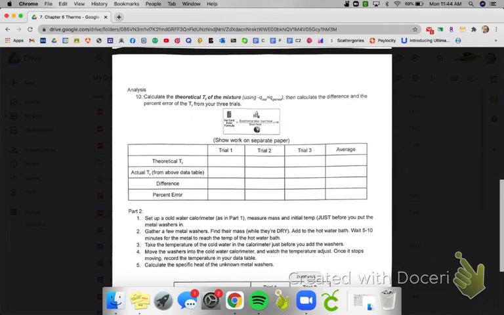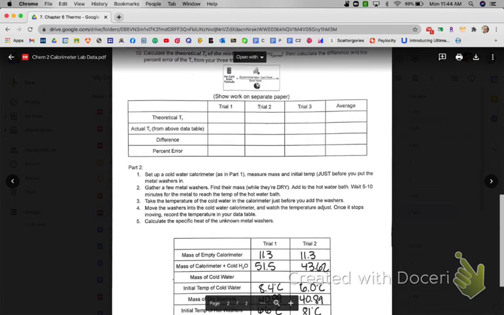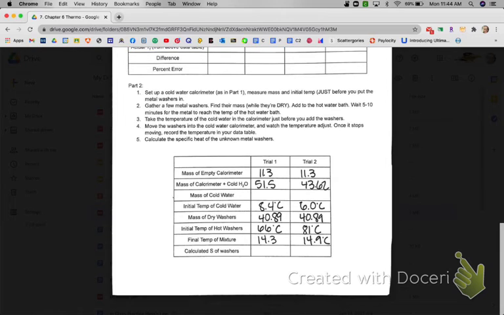Let's go ahead and look down here at the second part of our lab one, which was the metal. In this scenario, we're going to set up the same equation: negative ms delta T. That would be the metal side. And then the other side of my equation would be the water side, ms delta T. But in this instance, we are solving for the specific heat of this unknown metal.